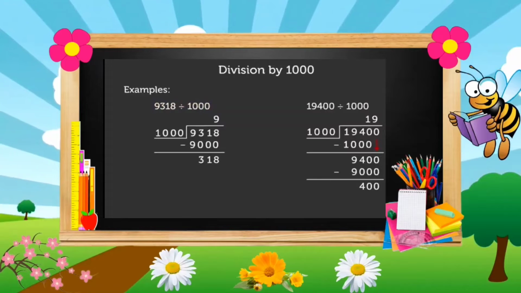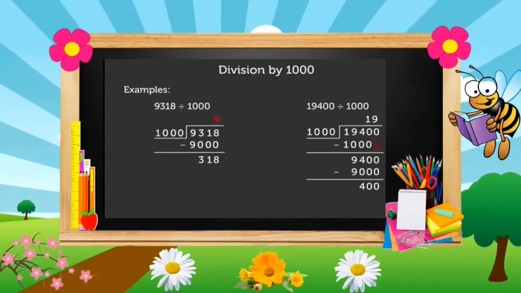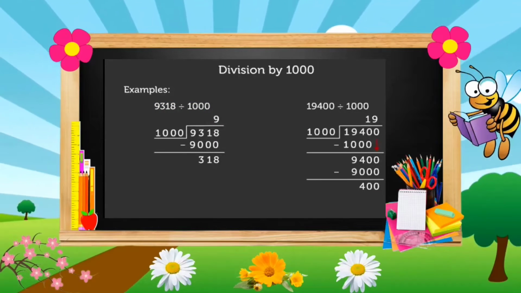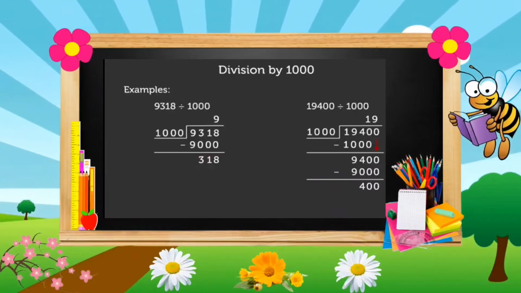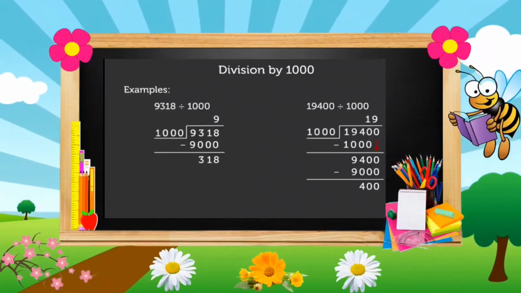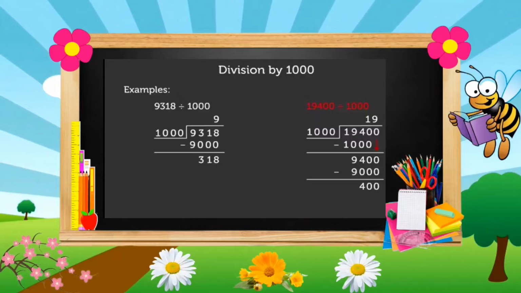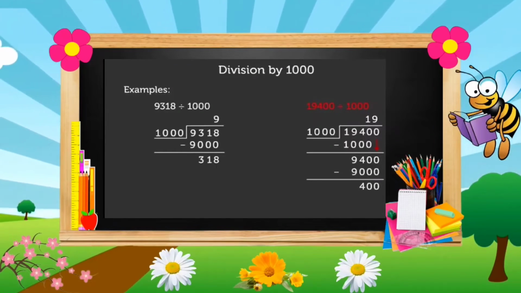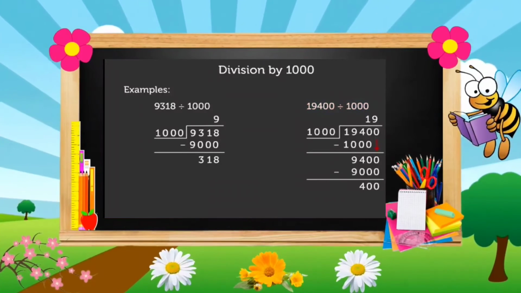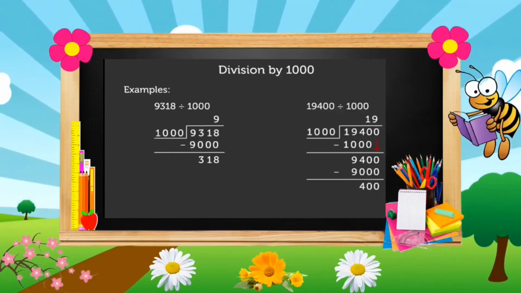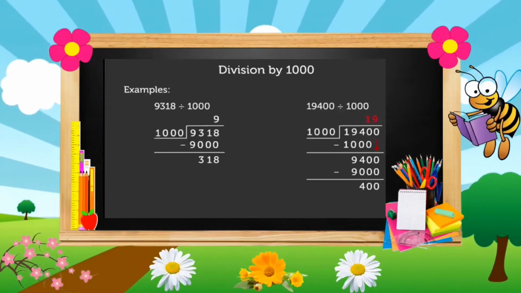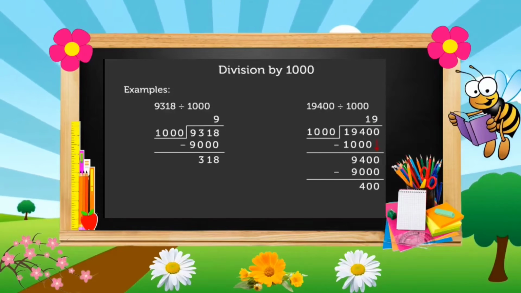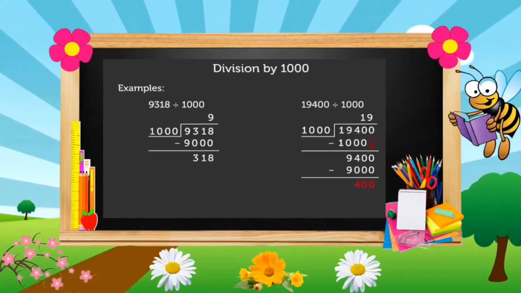Here we got the quotient as 9 and remainder as 318. Now look at the second example. 19,400 divided by 1000. Here we got the quotient as 19 and remainder as 400.